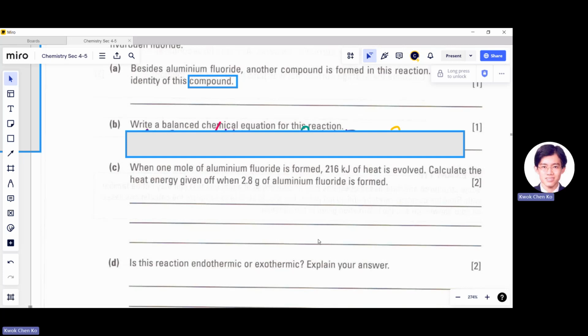Oh, wrong answer. Wrong answer. Yeah. 2C, calculation question. Did you calculate correctly? Yeah, something is wrong. You know what's wrong or not?